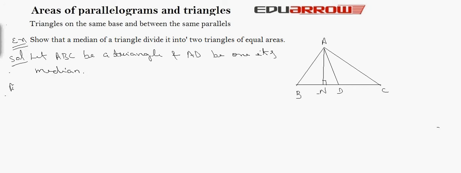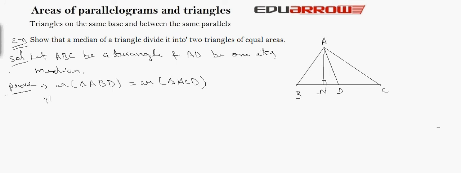And now we have to prove that area of triangle ABD is equal to area of triangle ACD.